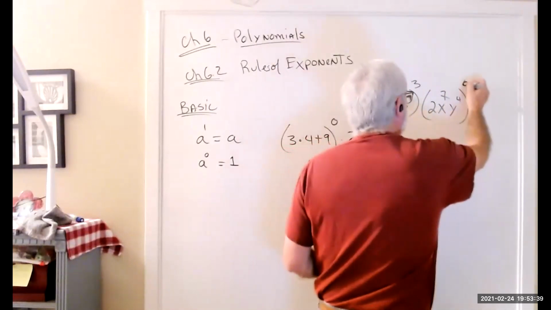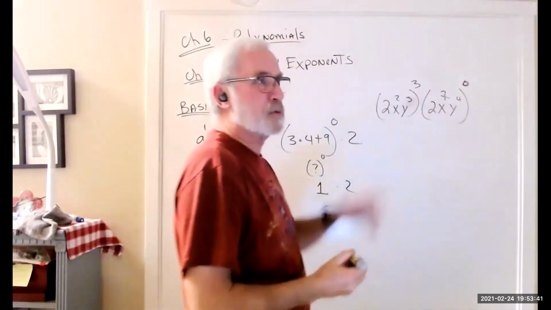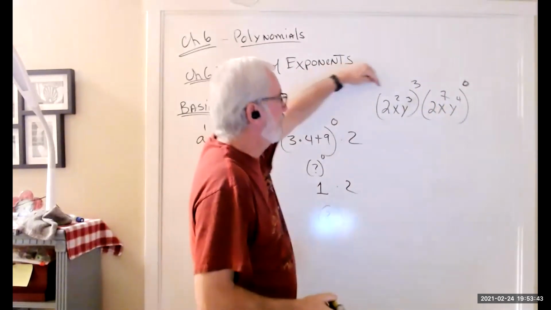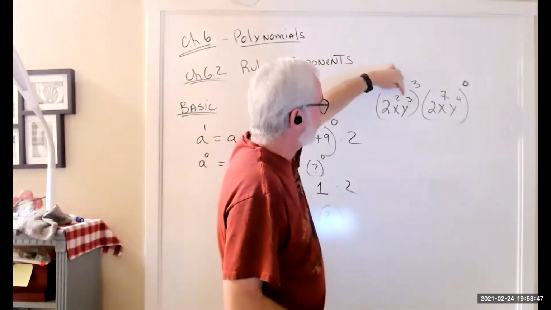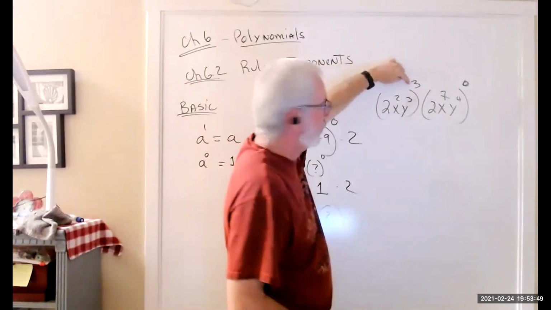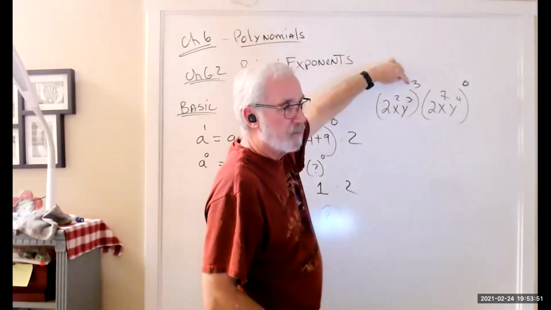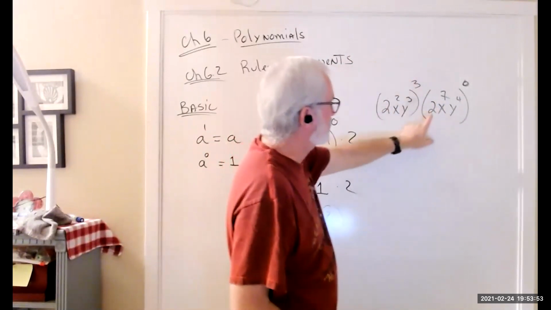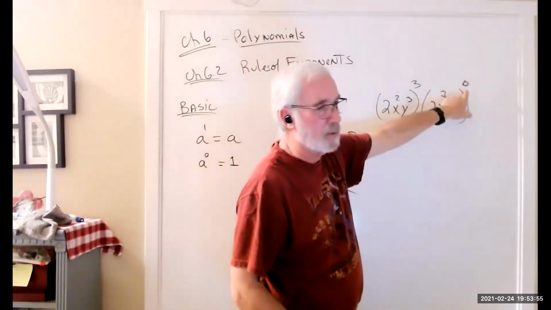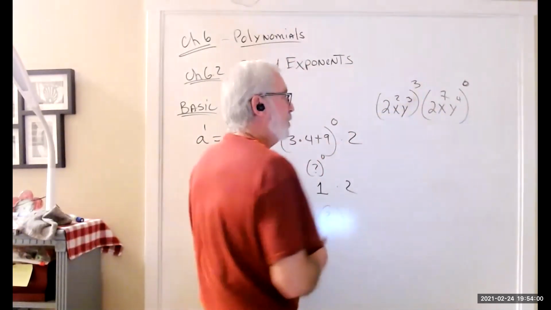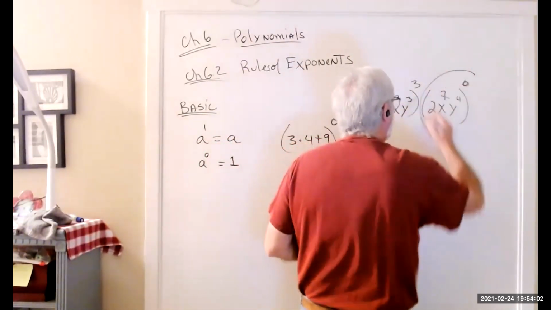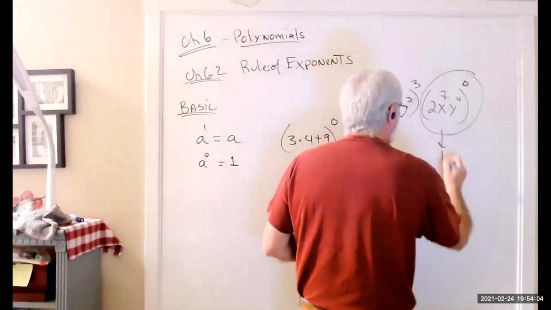On a test. And I'm going to explain all this to you later. But this is 2 times x to the second times y to the third, the whole quantity to the 3rd power, times this mess to the 0 power. Well, what happens? This becomes 1.